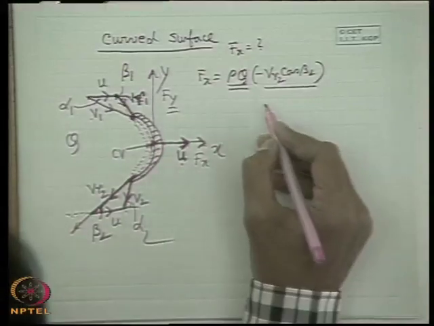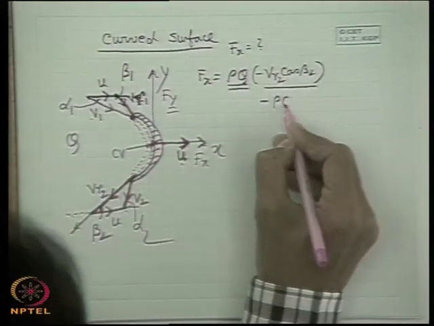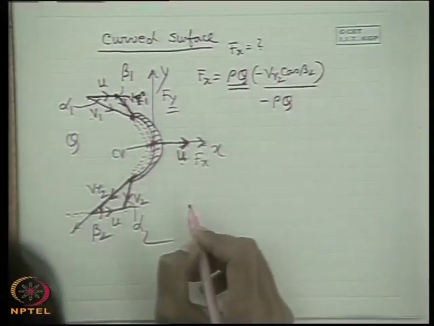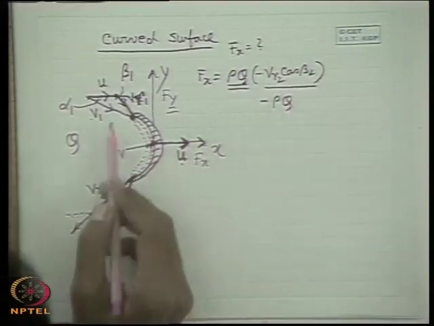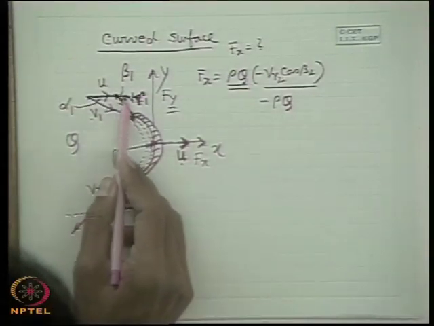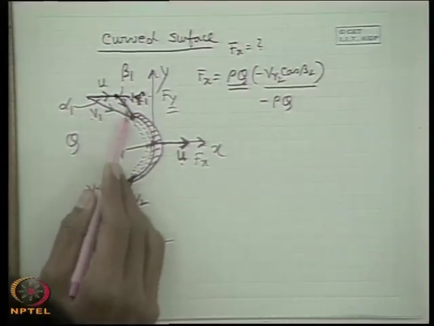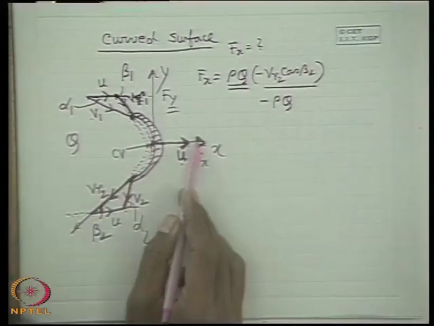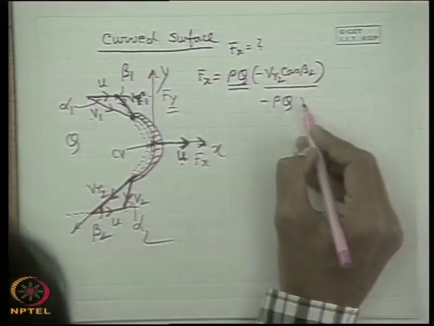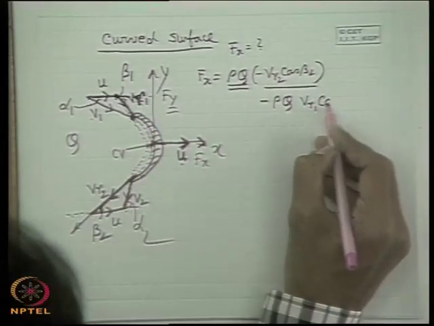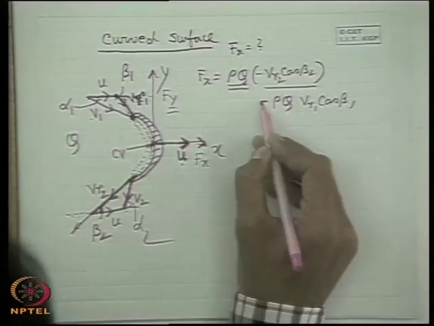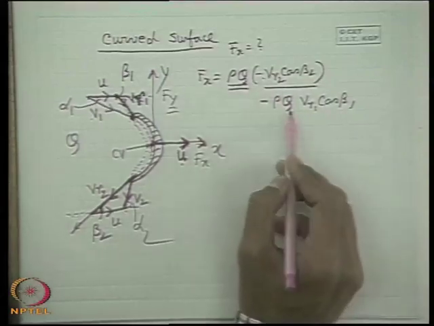Well, minus the incoming momentum, or momentum influx. In this case, the component of the inlet or incoming velocity, that is the relative velocity Vr1, is in the positive direction of the chosen axis. So this will be simply Vr1 cos beta 1, with a minus sign according to the formula efflux minus influx.